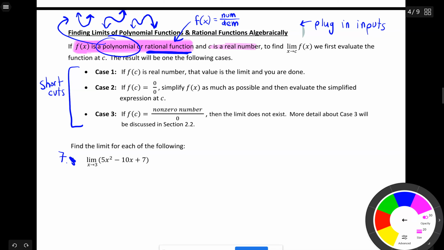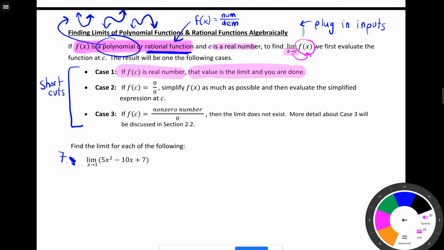If your input is a real number and you just plug it into the function, one of three things is going to happen. If you get a real number, that's the limit and you're done.